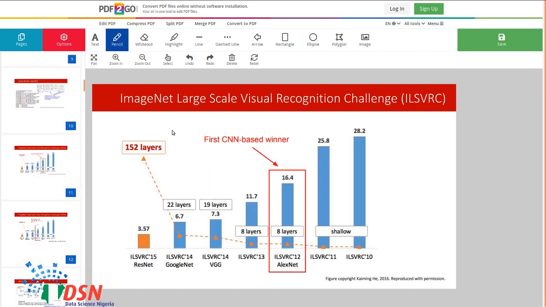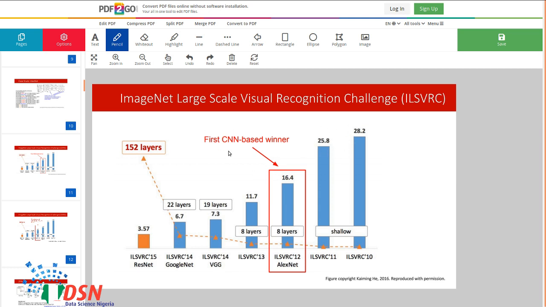As you could see here, they were the first CNN-based winner in ILSVRC, or Image Large Scale Visual Recognition Challenge, and with 8 layers they beat the previous methods.